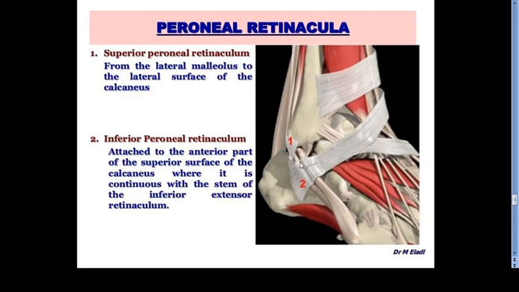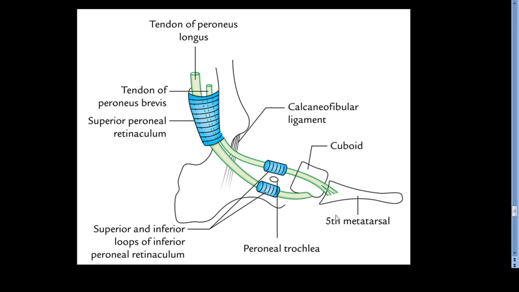You can easily visualize that the two tendons are passing through them. You can see over here, this is the superior peroneal retinaculum, and this is the inferior retinaculum, right? You can easily appreciate that the peroneus longus is lagging behind.